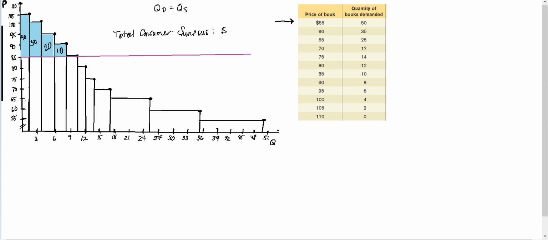So before we had 35 that were demanding at 60. And then we had 15 more that were demanding when the price dropped to 55. It's that 15 more, and more in general, how many more were brought to the market as the price drops, that I'm going to need to calculate the area algebraically.